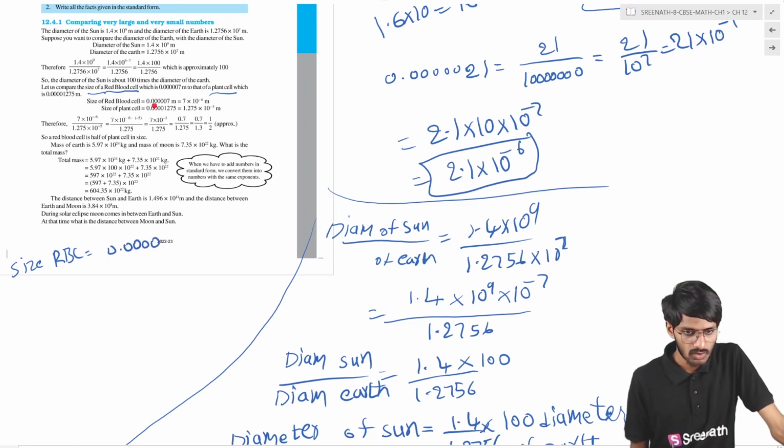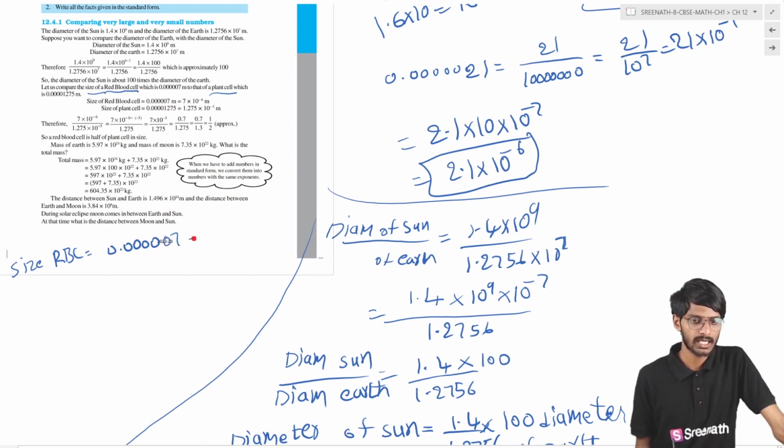How many zeros? 1 2 3 4 5 zeros. 7. We can write it as 7 divided by, we have to write 5 zeros, no, not 6 zeros. 1 2 3 4 5 6 places after dot, so that is 7 into 10 power minus 6, students, maybe meters.